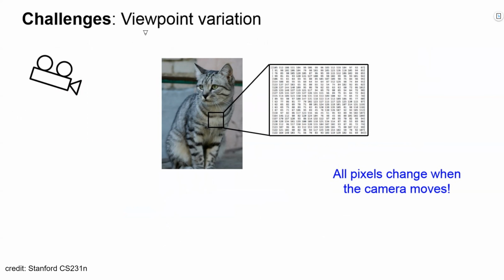The first challenge is viewpoint variation. As we view this object from a different viewpoint, all pixel values will change. Or as we move our camera, the pixel values change, and it becomes much harder and more challenging. Another factor is illumination.